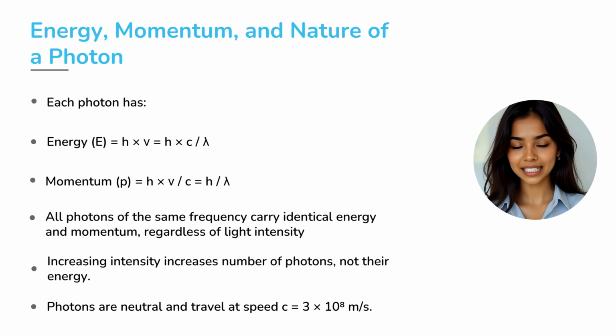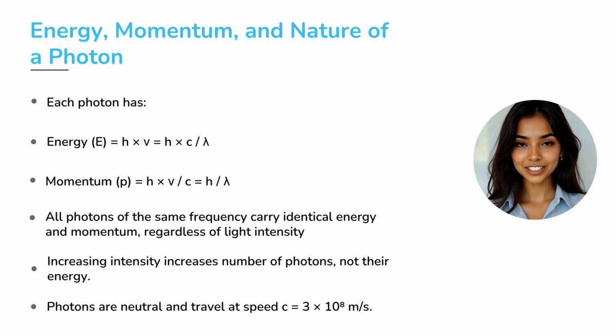Each photon carries energy E equals h times nu, and since the speed of light c equals frequency nu multiplied by wavelength lambda, we can also write E equals hc divided by lambda. Spoken clearly, energy E equals Planck's constant h multiplied by speed of light c divided by wavelength lambda.